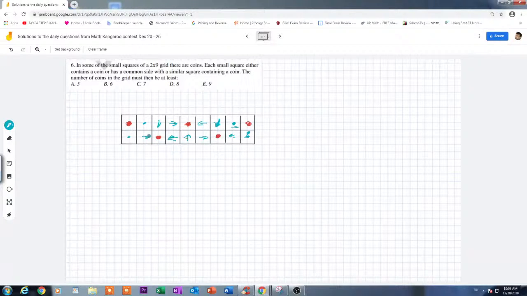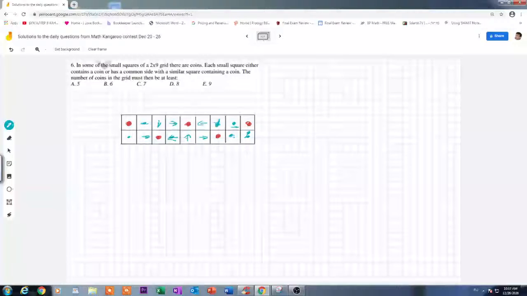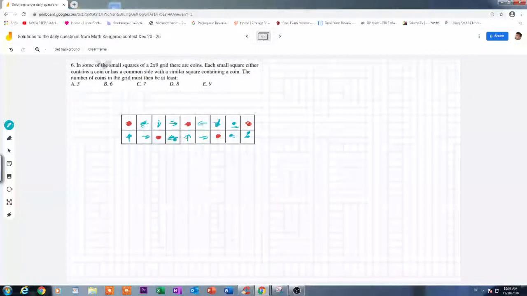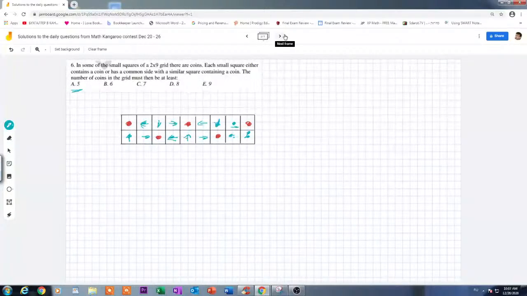And we have this one. So now our conditions are satisfied and we have 5 coins. So the minimum number of coins is 5. Okay, next question.